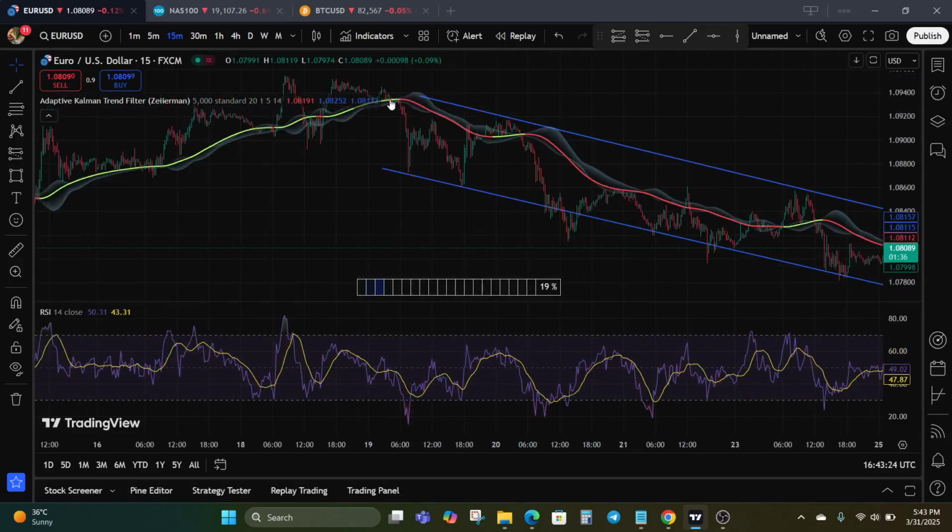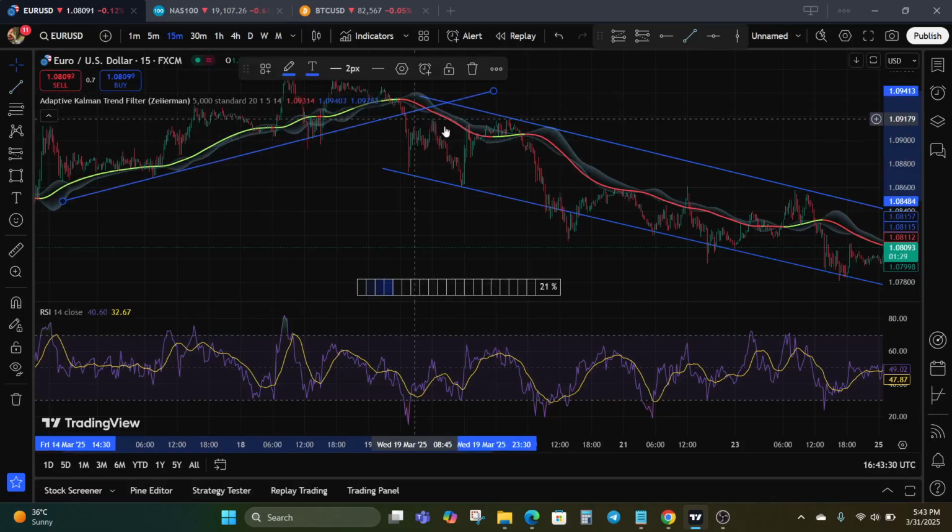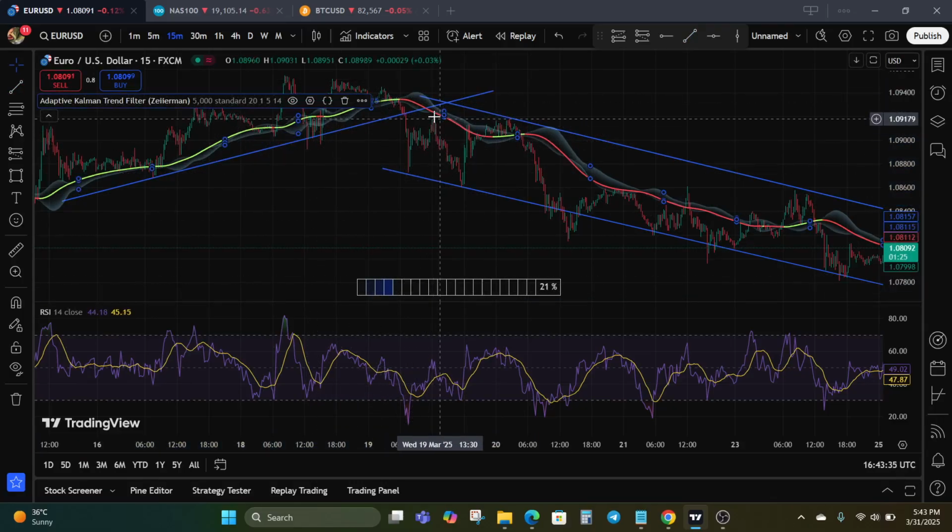It's turned from green to red, and then you notice market structure. Please always pay attention to market structure. You notice that a bullish trend line has been broken, and now price is moving downwards. So as a result of that, you should be looking for sell opportunities. And the line turned red. So that is the confirmation to enter a sell.